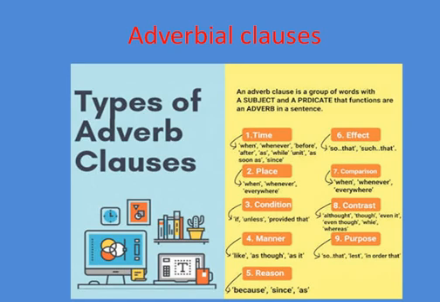To compare, you can use than, as...as. For contrast, you can use although, though, even if, even though, whereas. To talk about purposes, you can use so that, lest, in order that. So you have a detailed list of different adverbial conjunctions that you can use along with adverbial clauses.